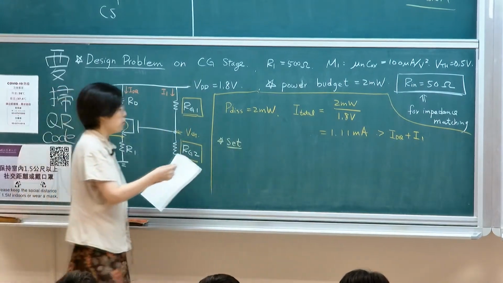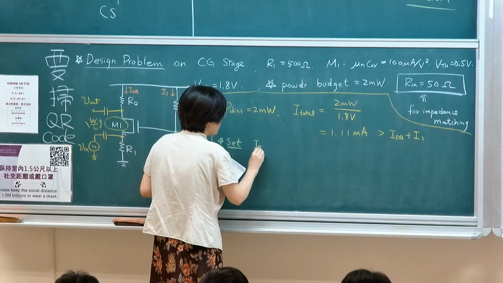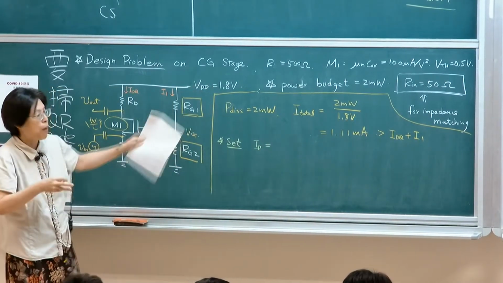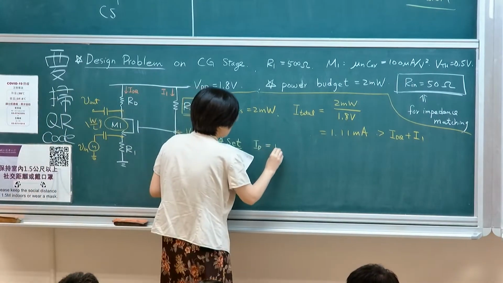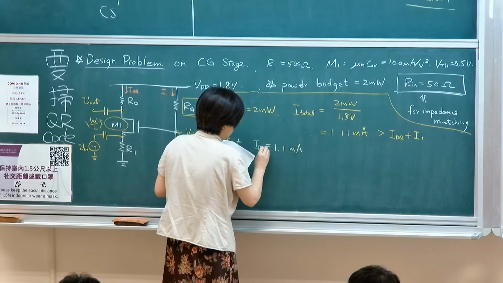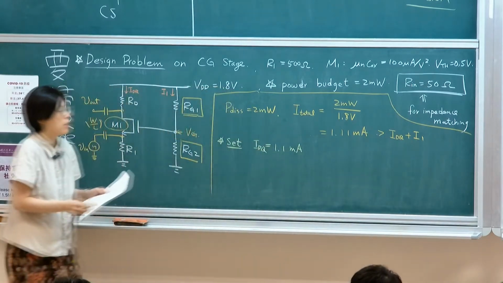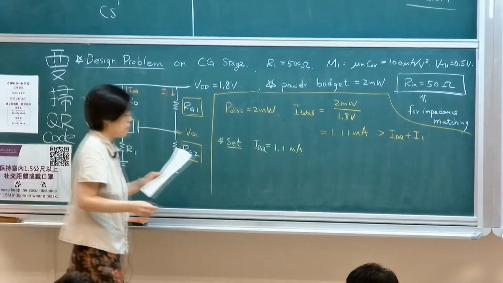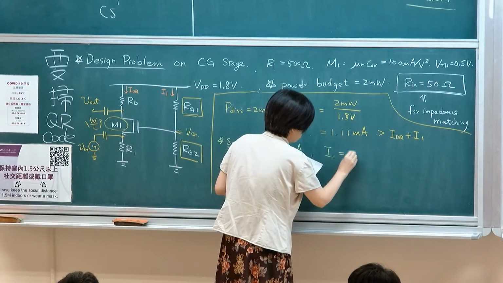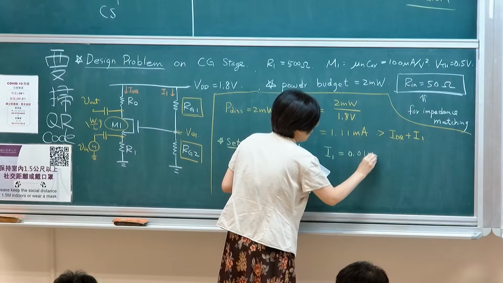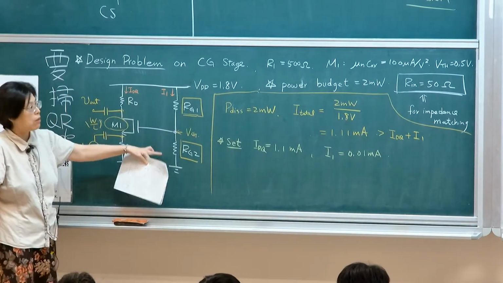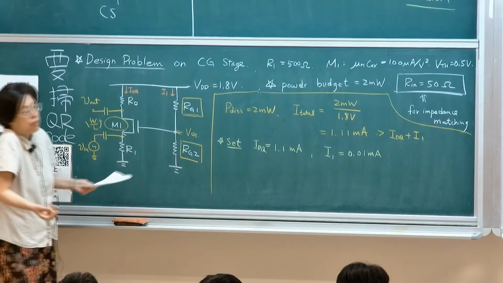This is just one of the design solutions, as long as it does not exceed the boundary. So I'm using more than 90% of the current for IDQ. Let me set my IDQ to 1.1 milliamp. Therefore, my biasing current will be left at only 10 microamp. That means I would need large resistors to set this up, but that's fine.